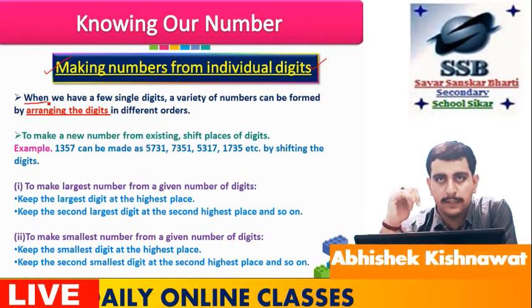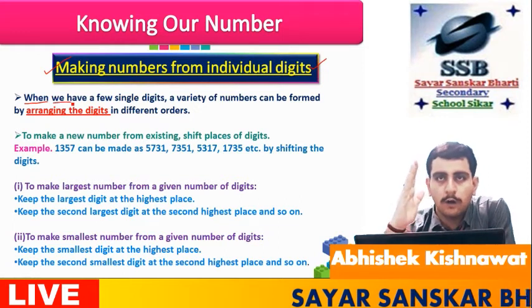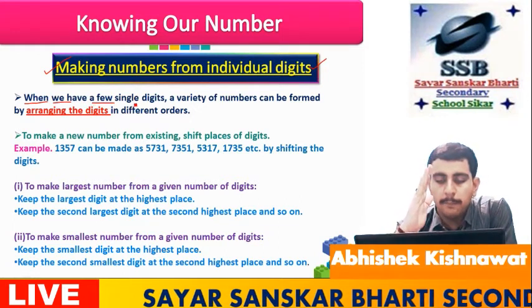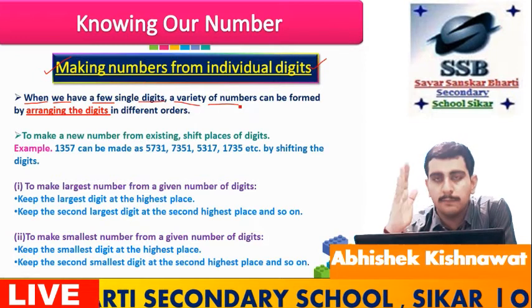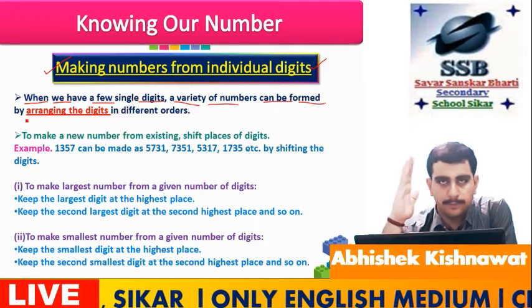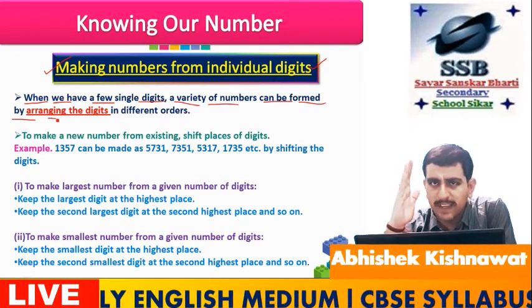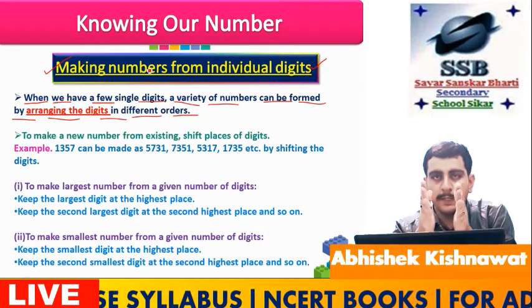You can see behind me on the screen that the first topic of today's session is making numbers from individual digits. Second is ordering the numbers, and next is increasing the number of digits by 1. So a lot to know, a lot to discuss. Let's begin today's session.